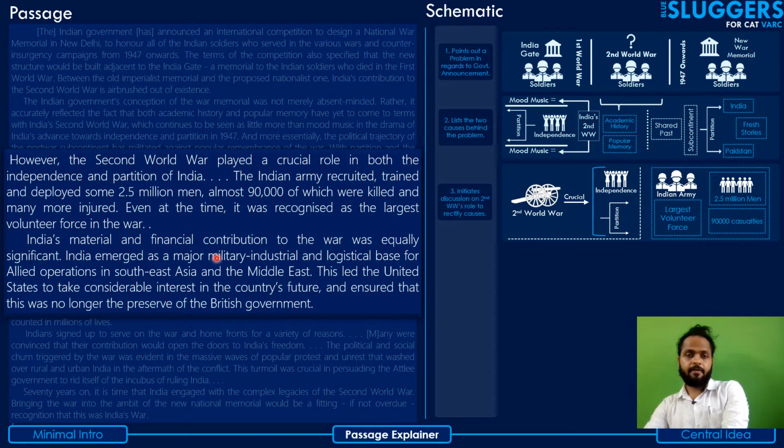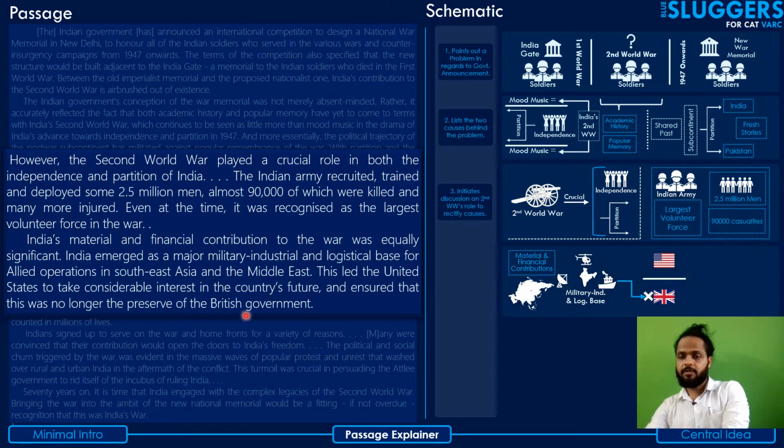India's material and financial contribution to the war was equally significant. India emerged as a major military, industrial, and logistical base for allied operations in Southeast Asia and the Middle East. This led the United States to take considerable interest in the country's future and ensured that this was no longer the preserve of the British government.